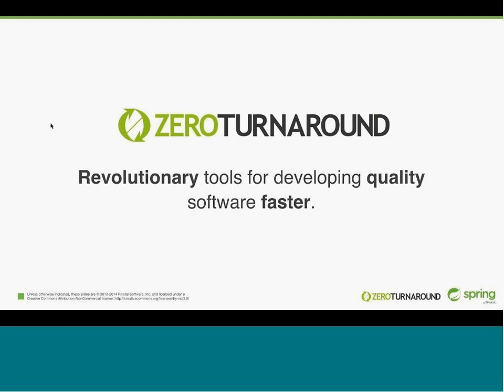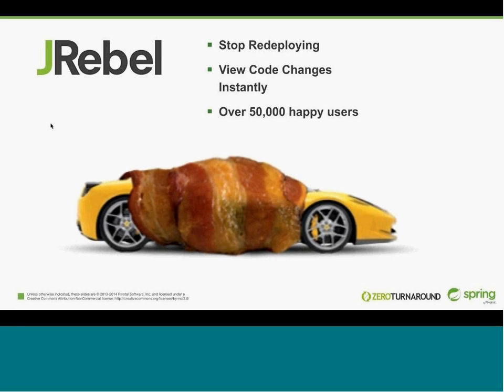And when they realize that we have the solution for a problem they didn't even know they had, it's like, wow, okay, I understand. This is actually really cool. So that's ZeroTurnaround. And I think you'll see why we're called ZeroTurnaround shortly.